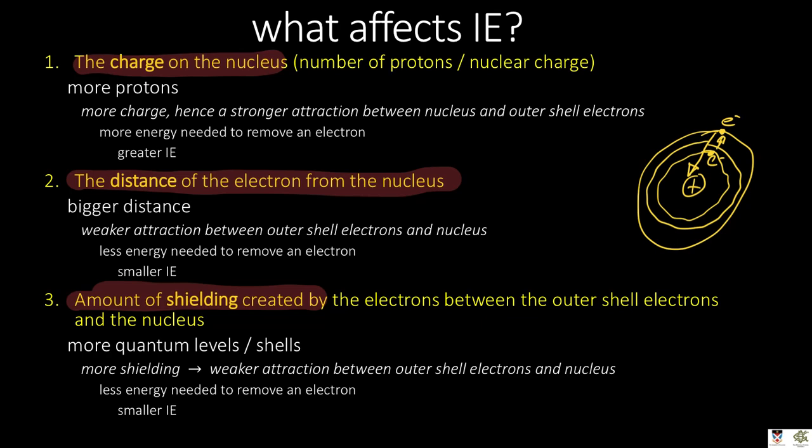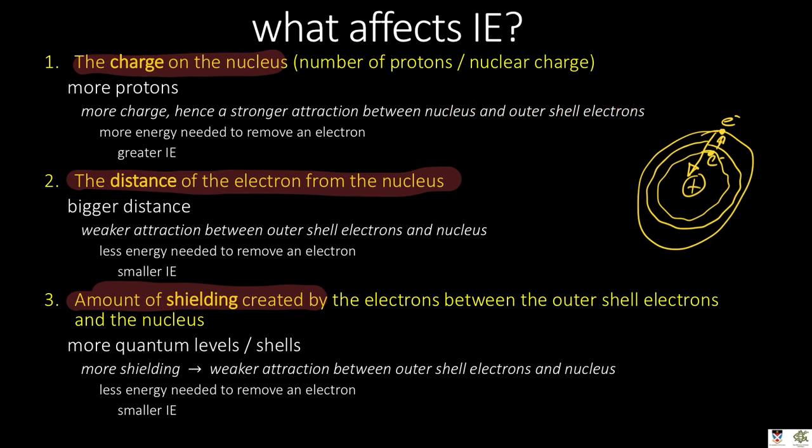So this slide will just summarize each one of these factors. Nuclear charge is quite self-explanatory. If we have more protons, there's going to be more charge, so a greater positive charge. And if we have a bigger charge, there will be a stronger attraction between the nucleus and the outer shell electrons.